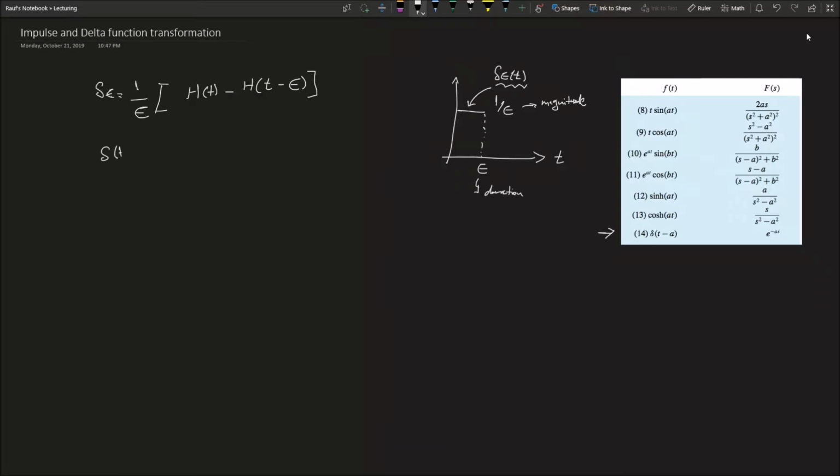So delta of t minus a, if you want to take the Laplace transformation of this, is known as the delta function transformation, and this function is sometimes called the Dirac delta function. This function was invented or discovered by the Nobel laureate Paul Dirac, and it is named after him as a result of his work.